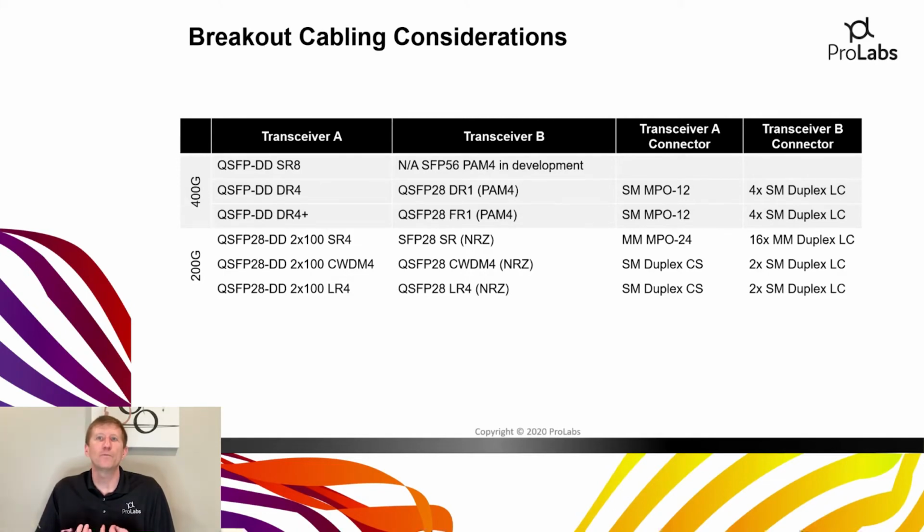It will have a little different implementation than in the past, where you're only using the outer lanes, with the middle lanes not used, going to LCs on the other end. So that's something else to keep in mind.